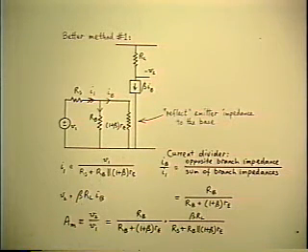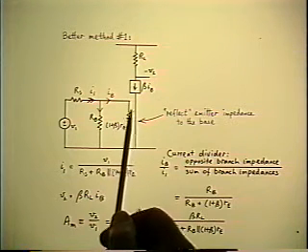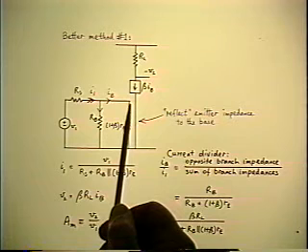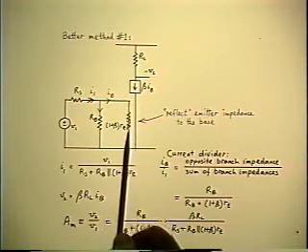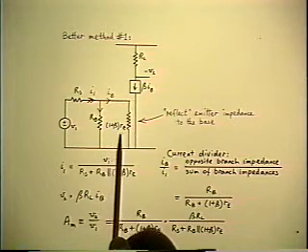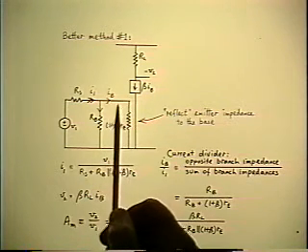Now, that's a circuit manipulation trick. And the reason that it works is that I've maintained the same voltage drop from base to ground in this model as we had in the original one. Because the current flowing through this resistance is IB, causing a voltage drop of 1 plus beta RE times IB.